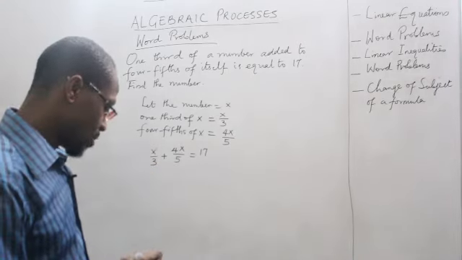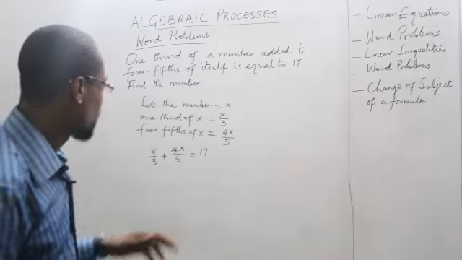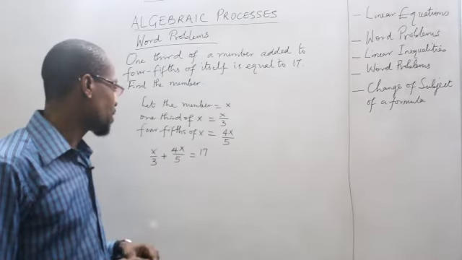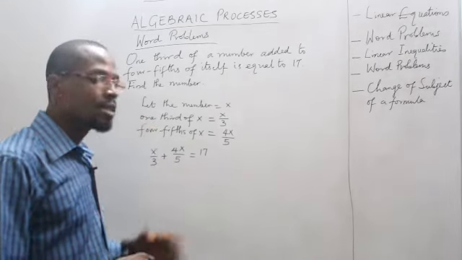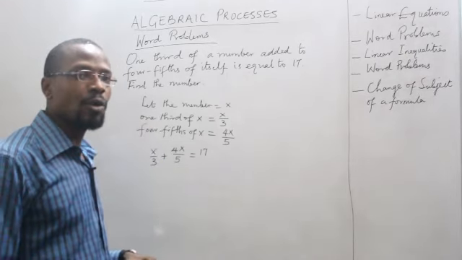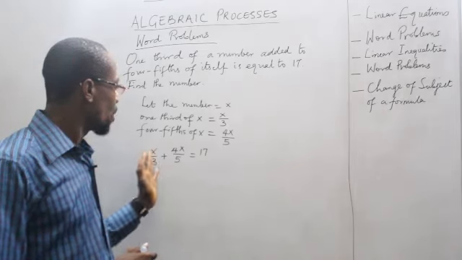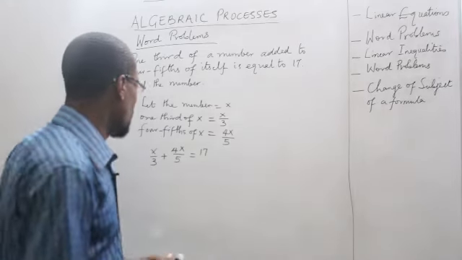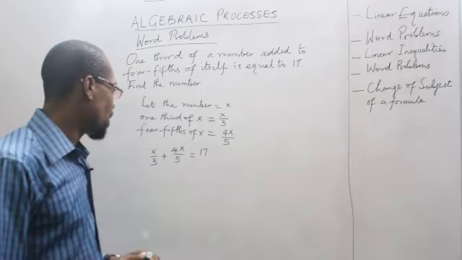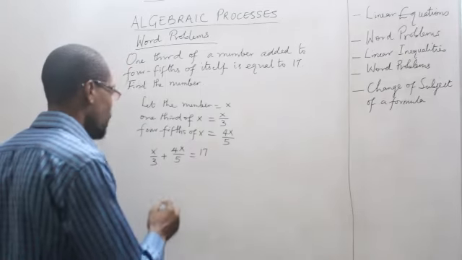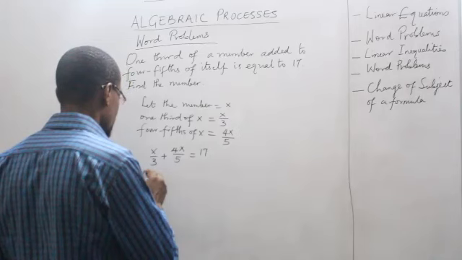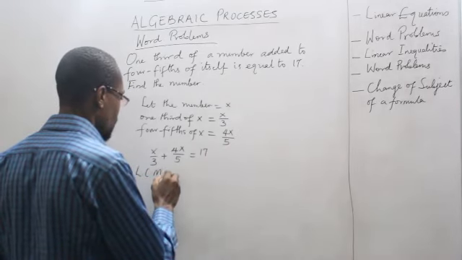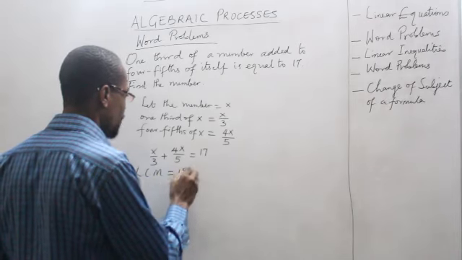Now, just as we have done in former times, we have a fraction here, we have a fraction here, so we get the LCM of these denominators and we multiply through the equation on both sides by that LCM. What is the LCM of 3 and 5? The LCM of 3 and 5 simply is 15.